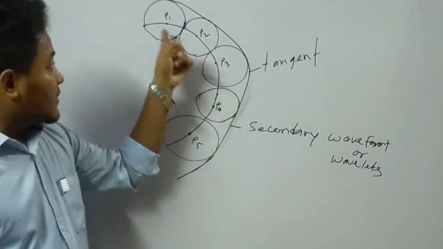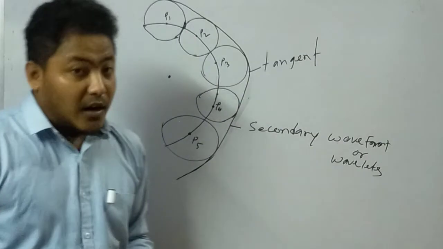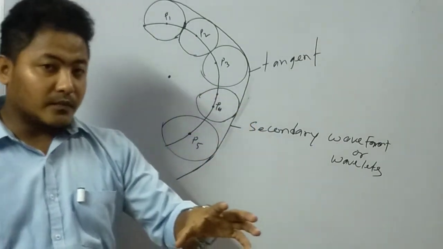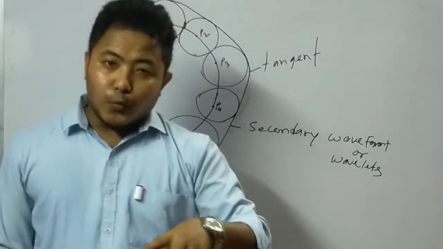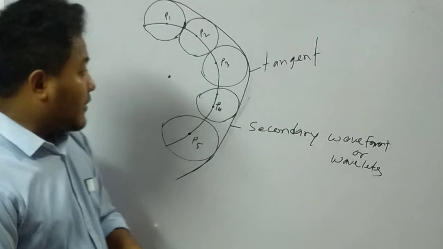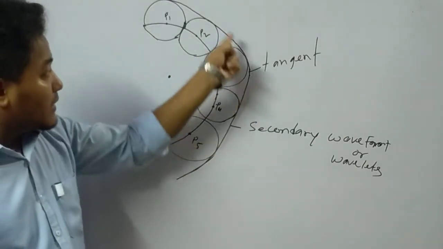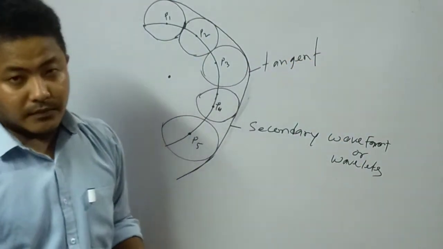The speed of all these particles is similar in the medium. The third point, the positions of the new wavefront, can be found by the tangent drawn on the plane, and this tangent will give us the positions of the new wavefront.